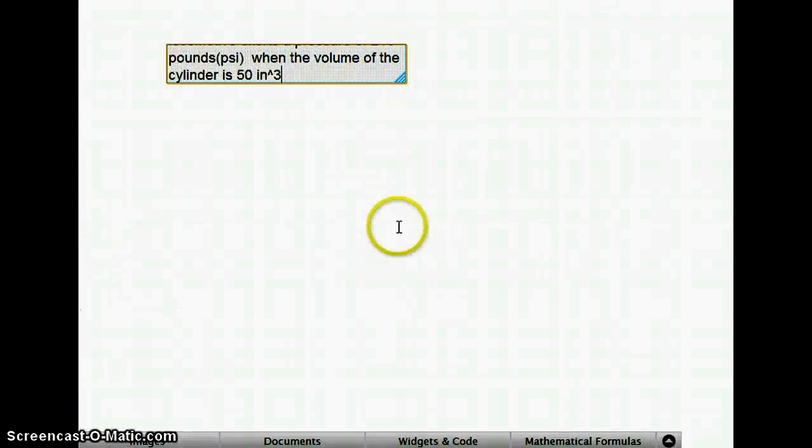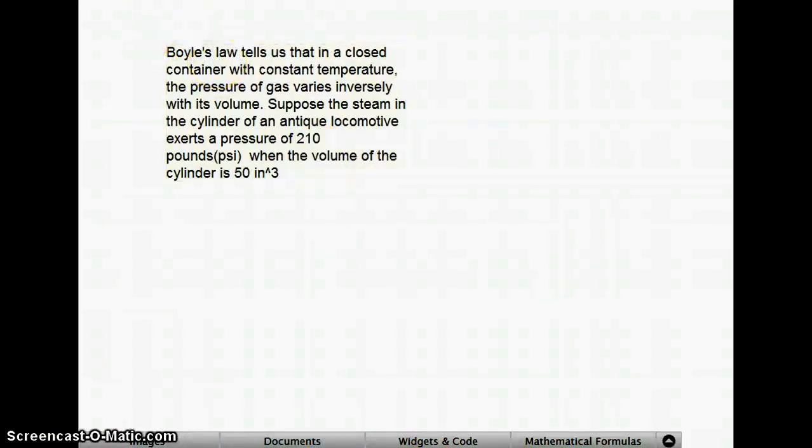So from this, we have to translate this into the equation. Boyle's law tells us that in a closed container with a constant, the constant will be the temperature, the pressure of gas varies inversely with volume.